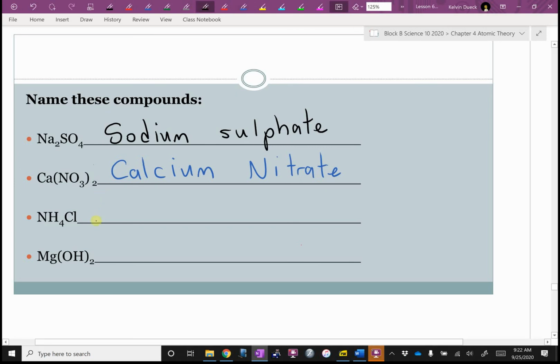Ammonium. Cassandra, you asked a great question. Can I come back to you with that in about 30 seconds? Ammonium. And then Cl. But now it's going to be the ide rule, because that's not polyatomic. So it's going to be ammonium chloride.